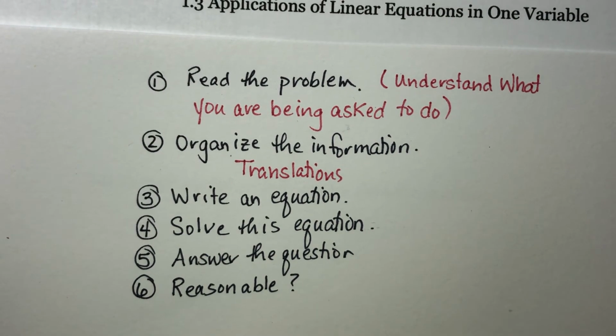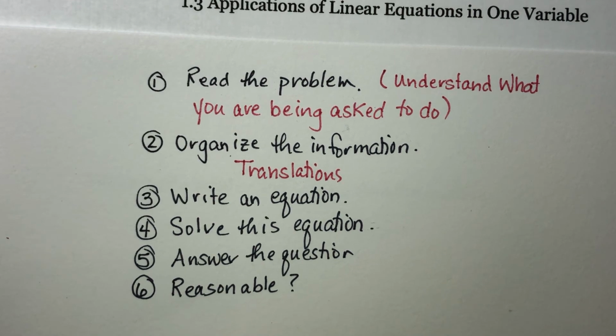Okay, these answers belong in the real world. You cannot have a negative number of coins in a jar. So if that's the answer you got when you were working through the whole thing, you should recognize, hey, this can't be true. I made a mistake, and you should go back and try to figure out where you went wrong.